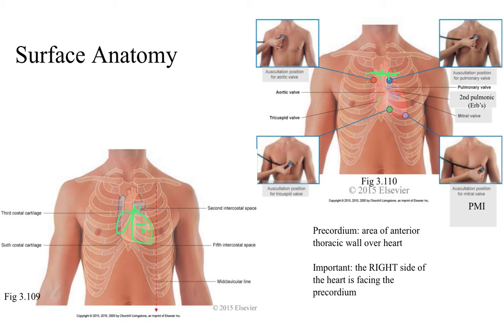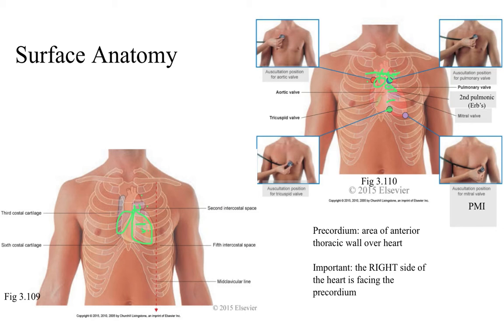On the right side, you'd be listening to the aortic valve, and that makes sense because the aorta is right there. And on the left side, we'd be listening to the pulmonary valve, and that makes sense because the pulmonary trunk is right there. All right, then if we go down to the third intercostal space, fourth intercostal space, fifth intercostal space, that's where we'll be able to hear our tricuspid valve.